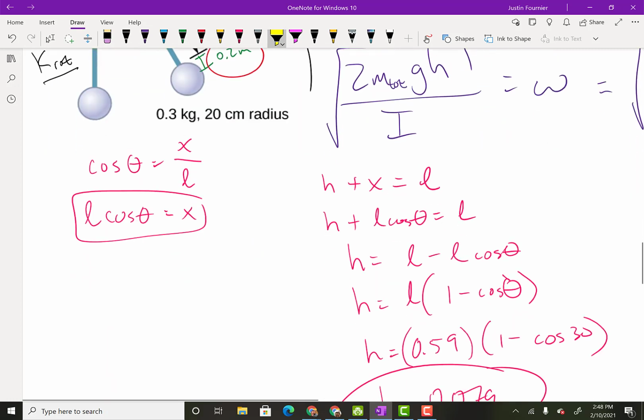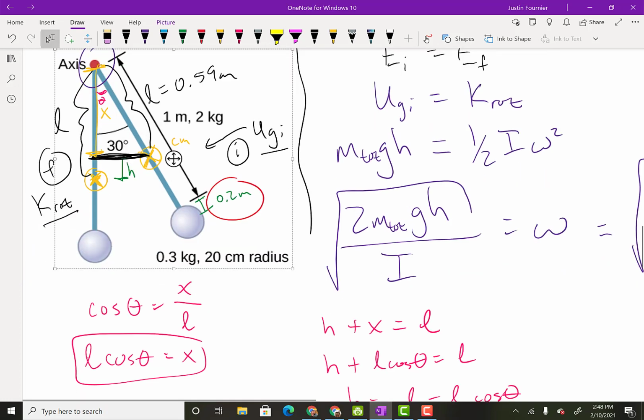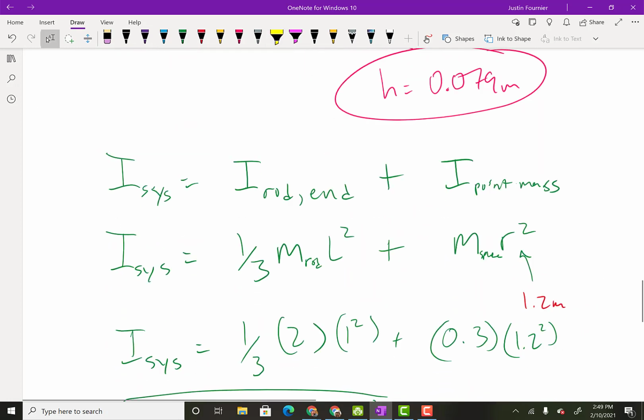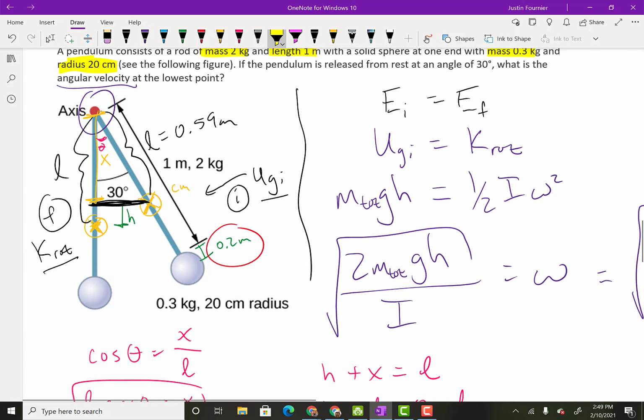So I used the equation where I start off with potential energy at the top and rotational kinetic energy at the bottom. But finding h and I became a tricky situation. To find the moment of inertia, we add up the individual moments of inertia of each part. I can find the moment of inertia of a rod, and then add it to the moment of inertia of this point mass.